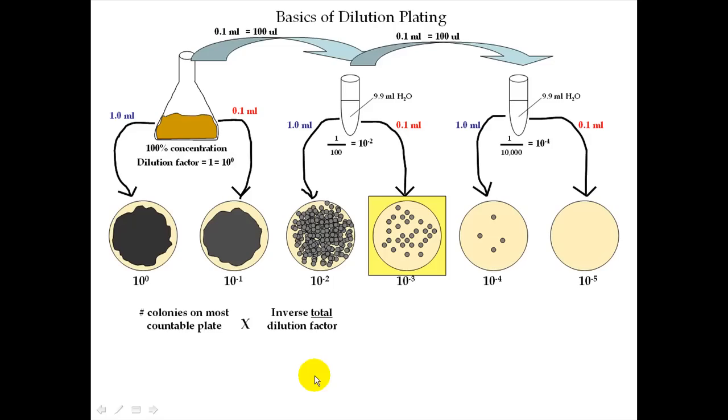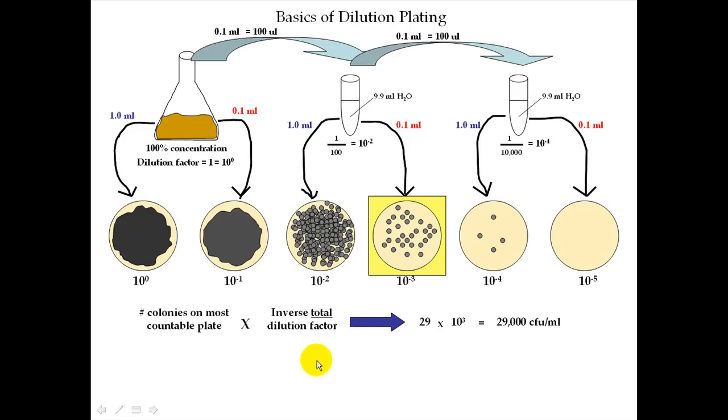In this example, there were 29 colonies on that plate, and the dilution factor is 10 to the minus 3, so the inverse of that would be 10 to the 3, and that'll give you the same thing, 29,000 CFU per mil in the original sample. So by being given these numbers, it makes it really easy for you to figure out the concentration of CFU in the original sample.